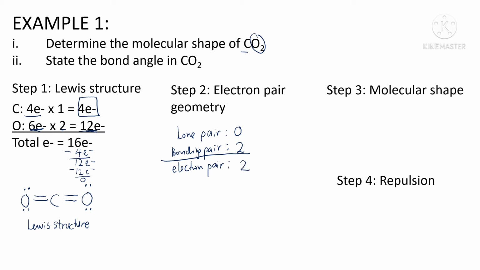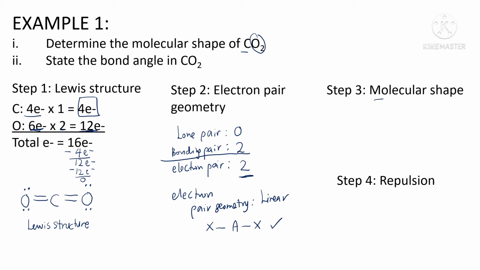By having total electron pairs around the central atom 2, that means that the electron pair geometry is linear. So linear, still remember, must have central atom A in the middle, and then the two bonding pairs lying 180 degrees apart from one another. So this is the linear electron pair geometry.